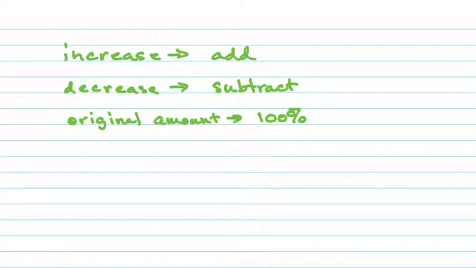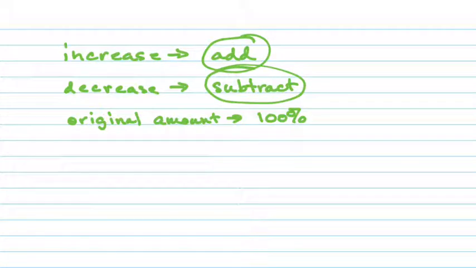But what we're going to do is look at how to increase or decrease by a certain percent. And you could find out the amount of increase and then add it to it. You might have been taught that way. It's not good. Instead, what we're going to do is just think about that baseline 100% and think about adding for increase or subtracting for decrease.